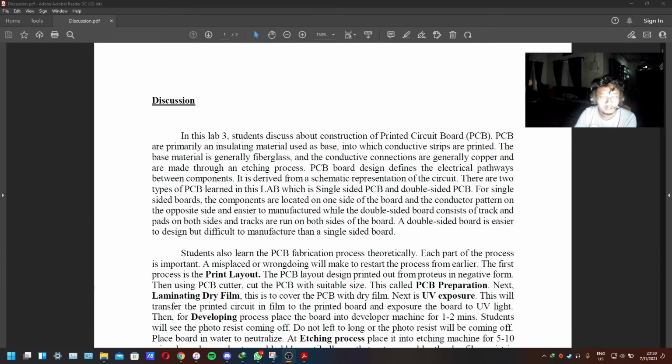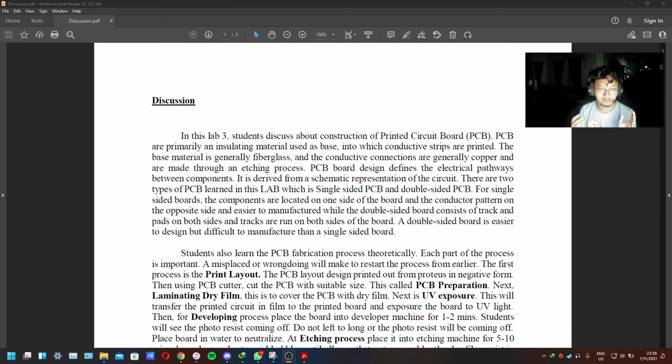In this lab, the PCBs that we handled contained two types: one is single-sided, and the other is double-sided, which has copper on both sides of the PCB. The single-sided is easier to manufacture than the double-sided, because the double-sided has copper at the front and the back of the PCB.